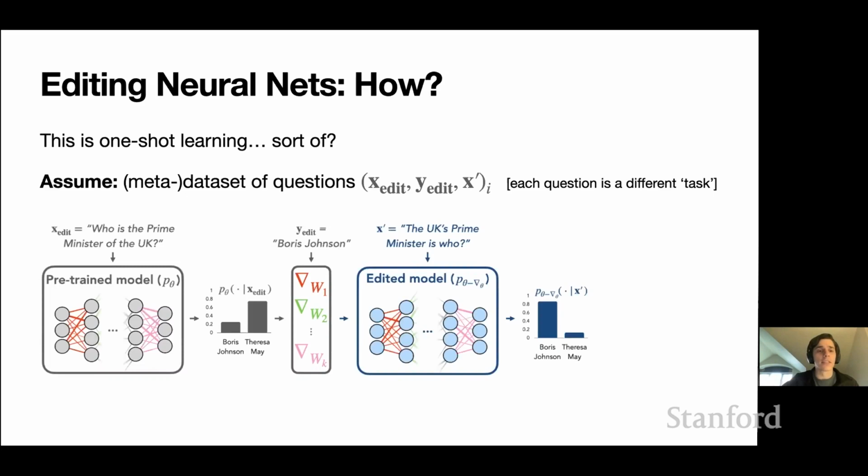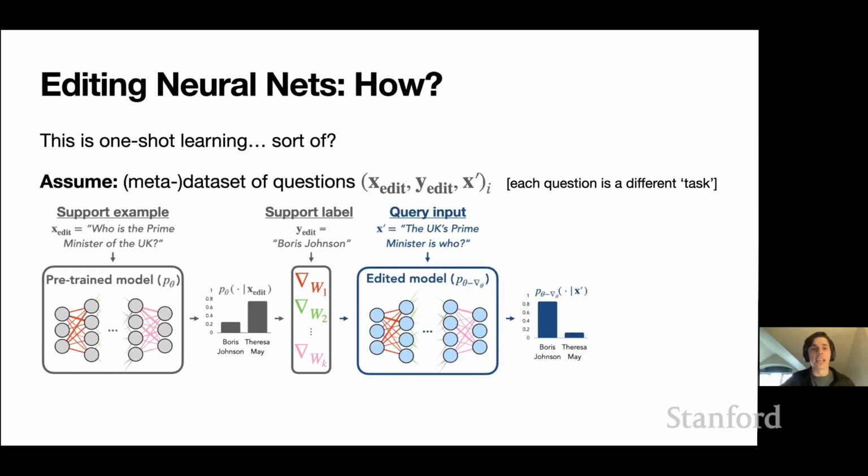So as an example of this, we would have X-edit as, who's the PM of the UK? We would put this through our pre-trained model, and we would say, well, it says Theresa May instead of Boris Johnson. That's not so good. And so that's our support example. We would give it a support label, which is the edit target, Boris Johnson. And then we have a query input, X prime, which checks if the model has correctly changed its predictions, not just for that exact input, but for related ones. And so this is basically one-shot learning.